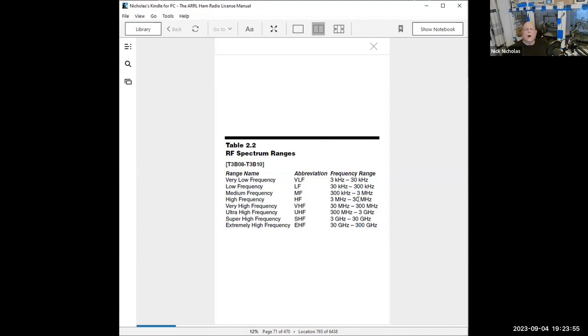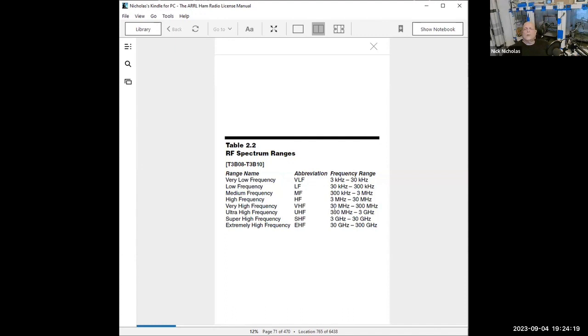I also showed you how 50 megahertz, or the 6 meter band, and the 144 megahertz band, 2 meters, or the 220, 1.25 meter band, they fit right in here.